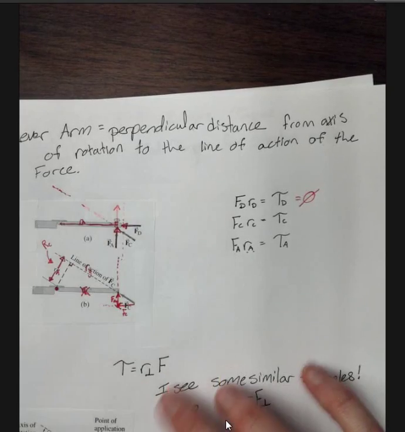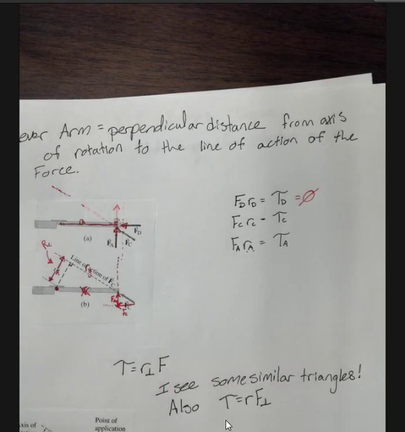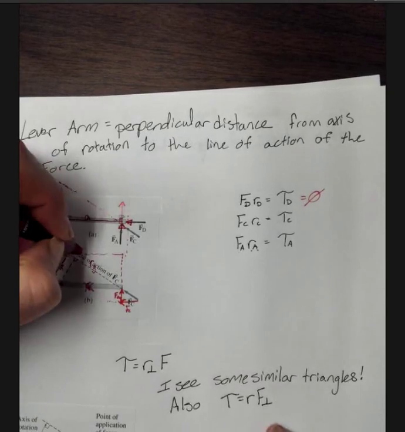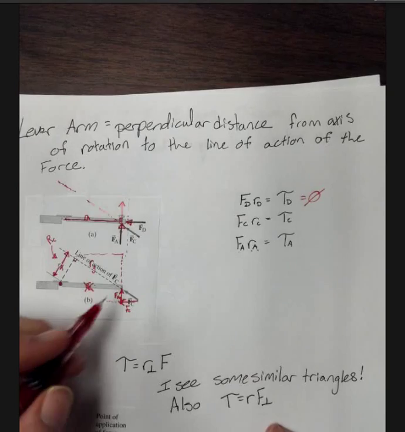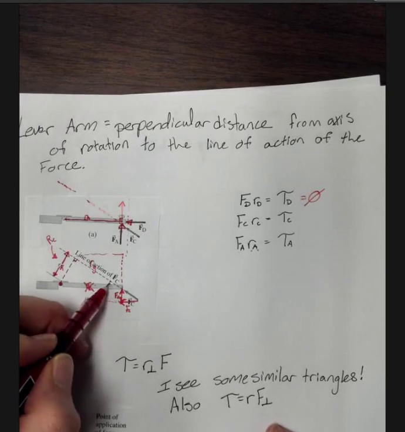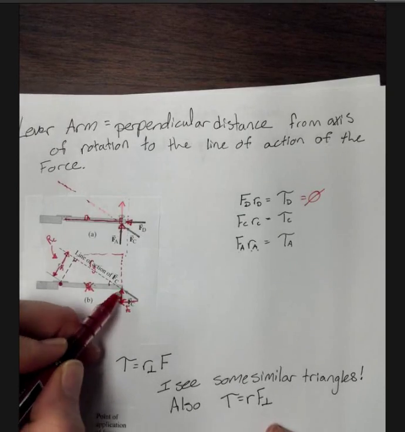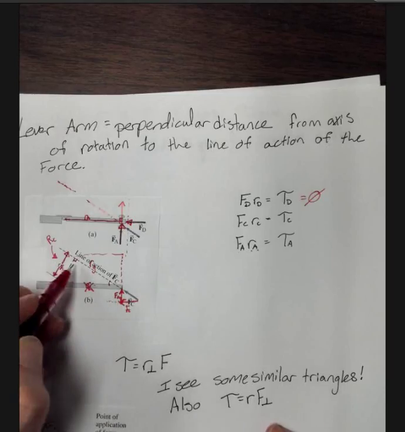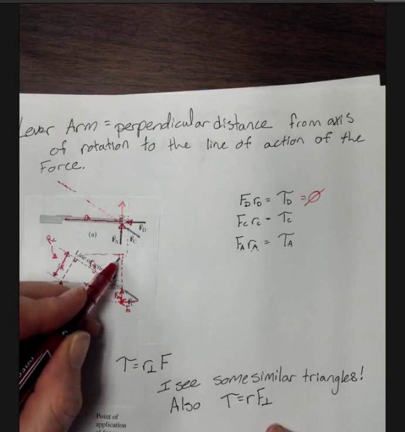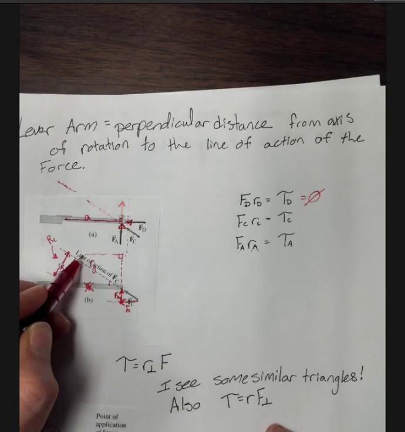But what's actually going to happen is you're going to see that this is a similar triangle situation. Right, where if that's theta here, then you're going to have a 90-degree angle there, 90-degree angle there. That's also theta.